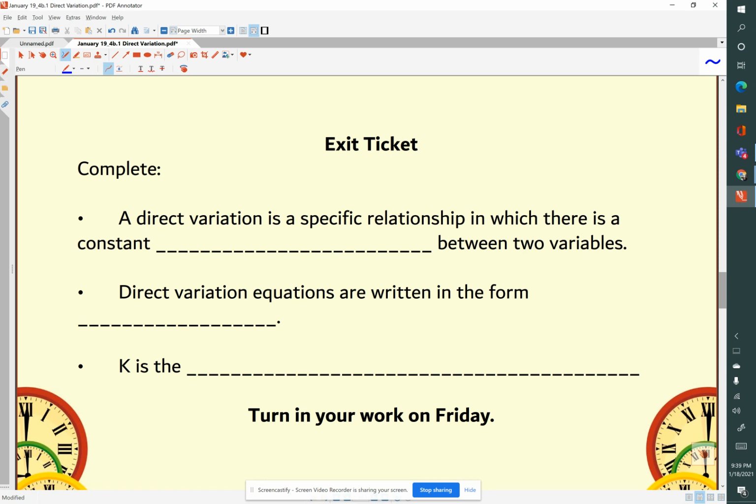So a direct variation is a specific relationship in which there is a constant ratio of y over x between two variables. k is the constant of variation. Direct variation equations are written in the form y equals k times x.